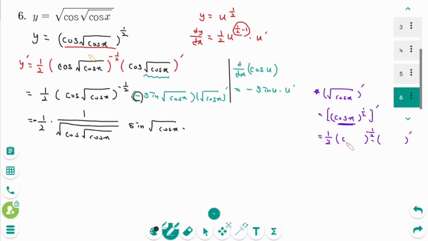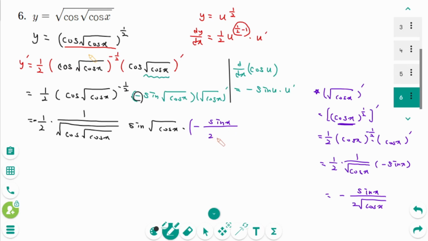The u is cosine x, equals 1 over 2 times, back to the radical form, 1 over square root of cosine x times cosine x prime equals minus sine x over 2 square root of cosine x. Then back to the original, minus sine x over 2 square root of cosine x.